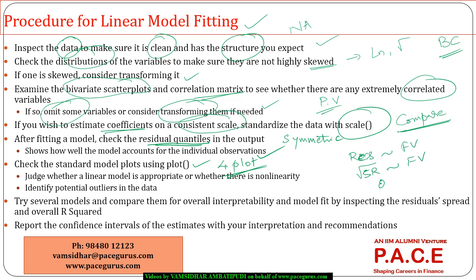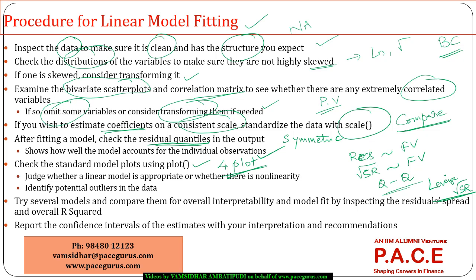Then the normal QQ plot is typically plotted to check whether the residuals are pretty much normal in nature, or whether there are some extreme points which can be identified as outliers. And the 4th graph is primarily between the leverage and the square root of standardized residuals, to check to what extent a particular point is influencing your dependent variable, your coefficients.